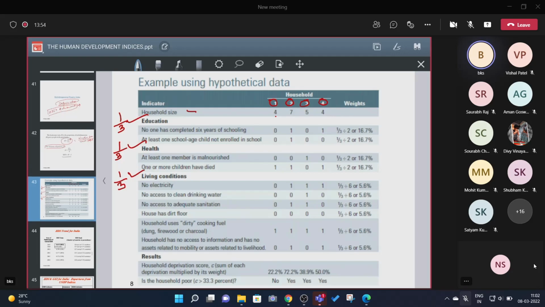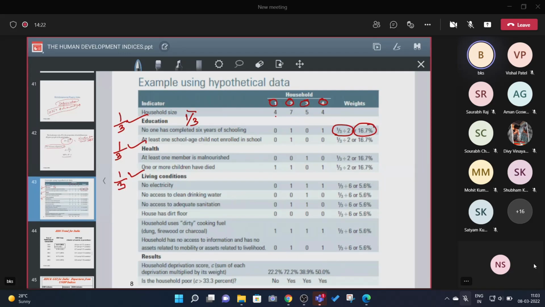Since education gets one third weight, these two indicators also get equal weights out of that one third. So the weight for each indicator is one third upon two, because there are two indicators, that is roughly 16.7% as the weight.